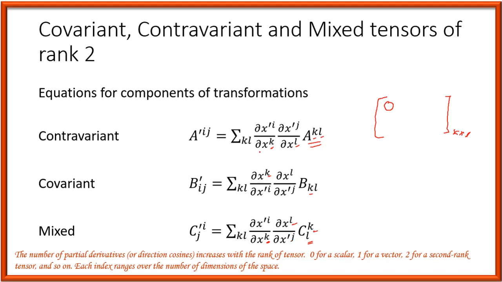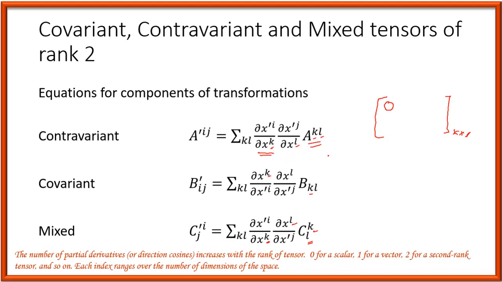See these partial derivatives. The number of partial derivatives actually depends on the rank of a tensor. When we were looking at the rank 1 tensor, that is a vector, there was only one direction cosine. But as the rank of the tensor increases, here the tensor is a second rank tensor, so we have two partial derivatives or direction cosines.